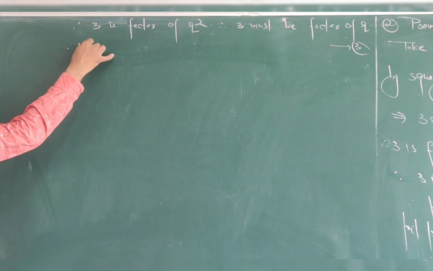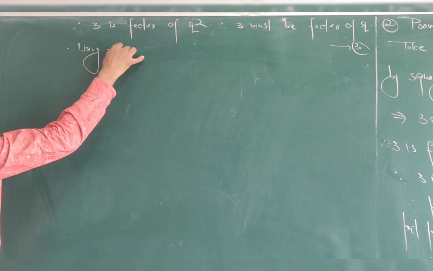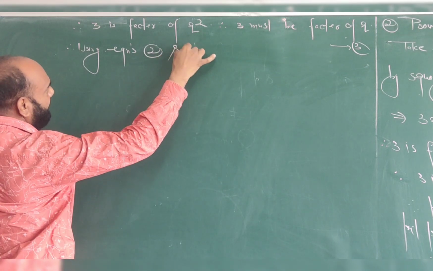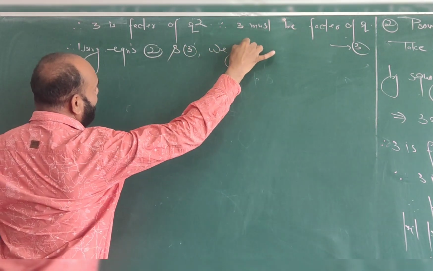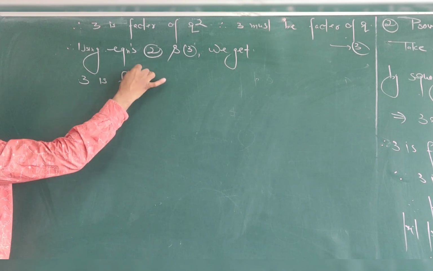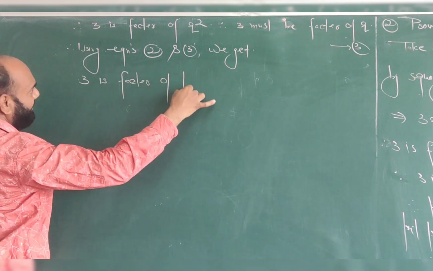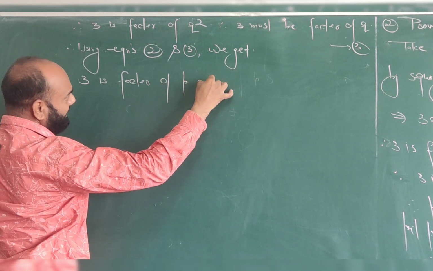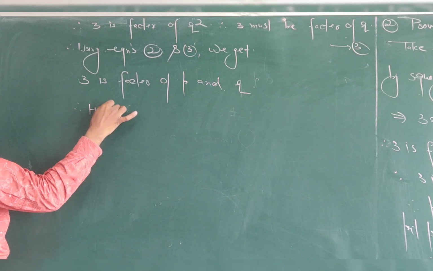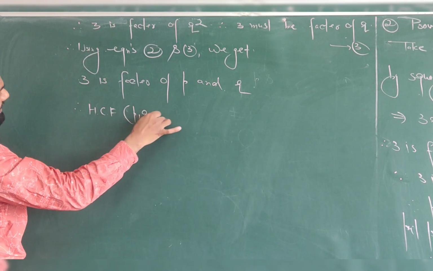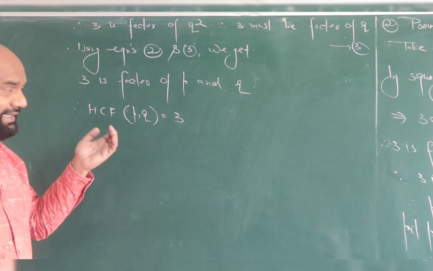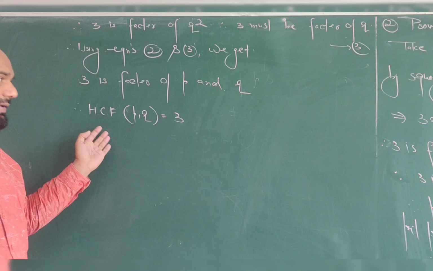Therefore, using equations second and third, we get 3 is a factor of P as well as Q. It means the highest common factor of P and Q is equal to 3. However, when P upon Q is a rational number, then its highest common factor is 1.